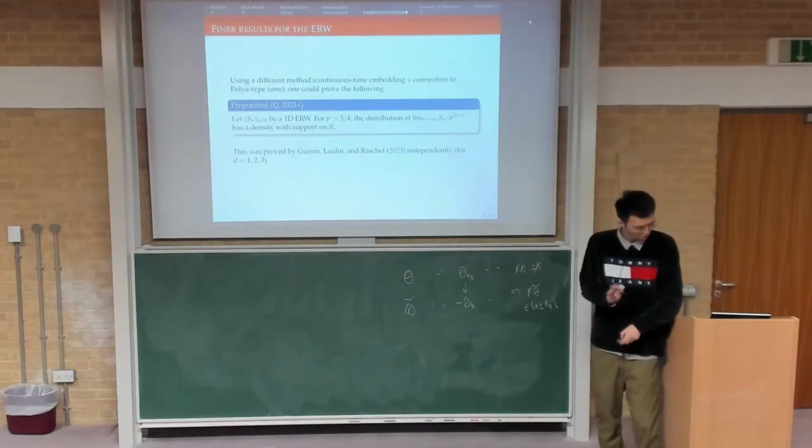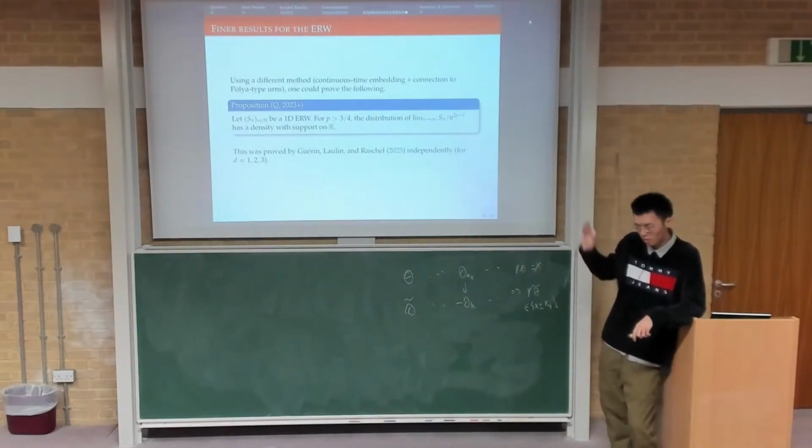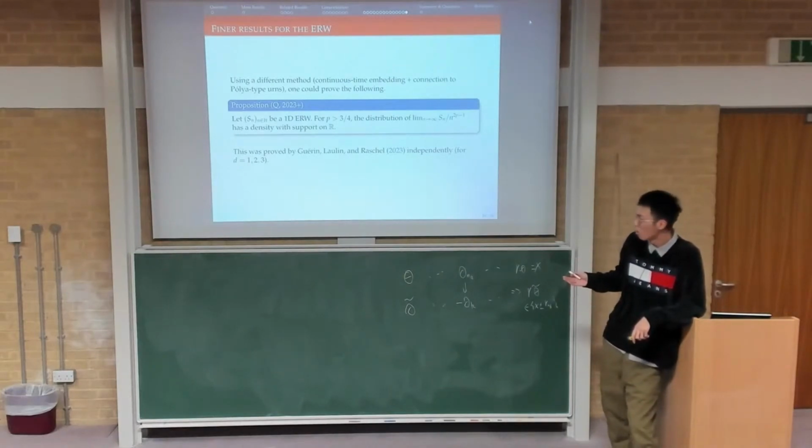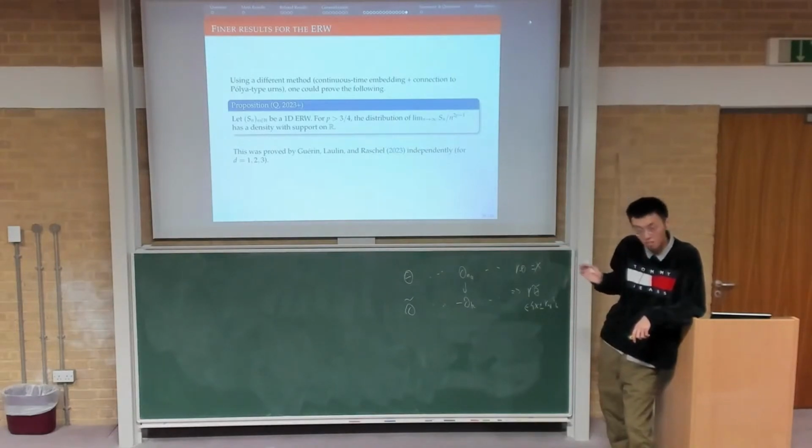Lastly, I want to mention that this is for the stable infrared walk, but for the elephant walk I use a different method, which I don't have time to explain here. Using a different kind of method, one can even show that for example for the one-dimensional elephant walk, the limit W1 has a distribution with a density.